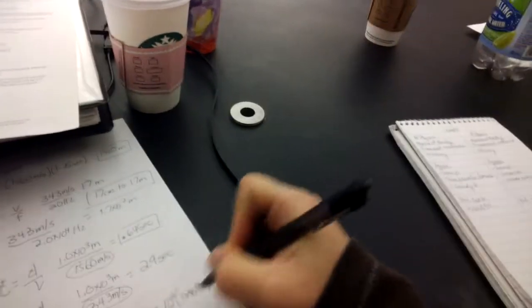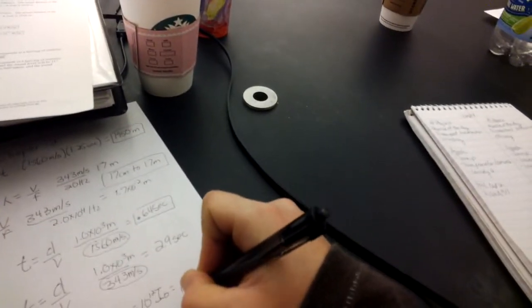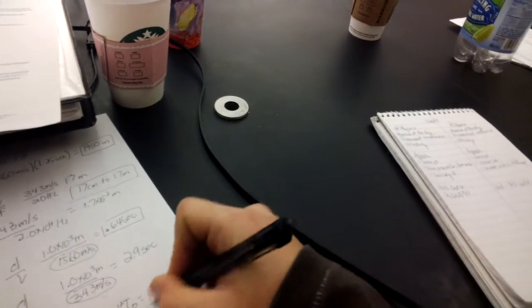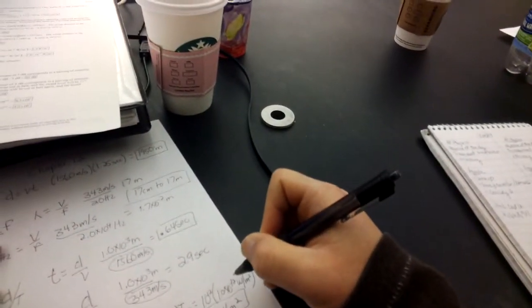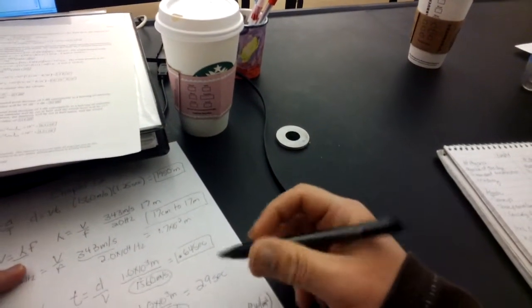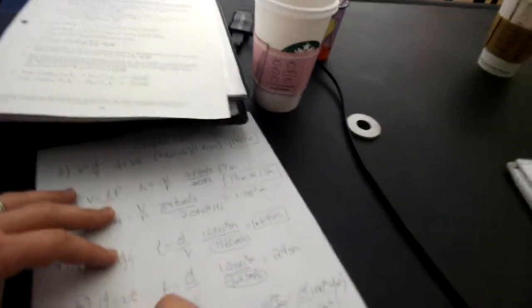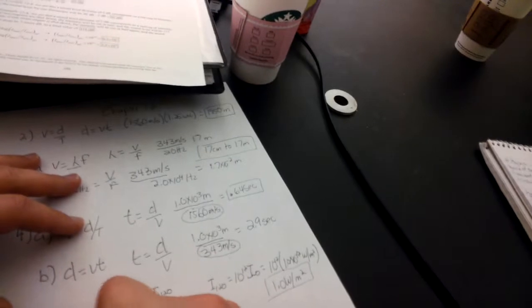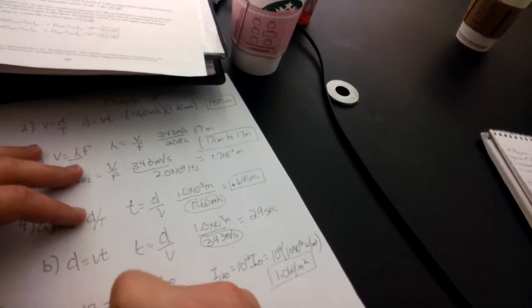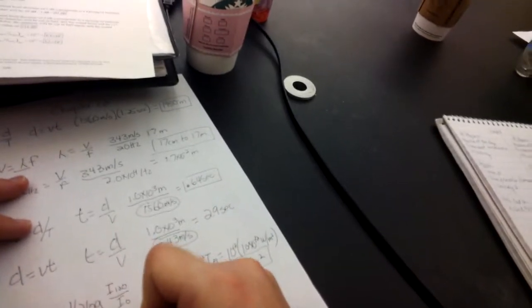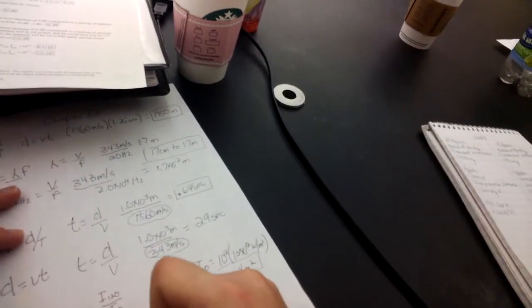In the end that gives us an intensity reading of 1.0 watts per meter squared for that first part. For the next part, we're looking at 20 decibels at the whisper level, and we do the same thing, 20 log I over I0.